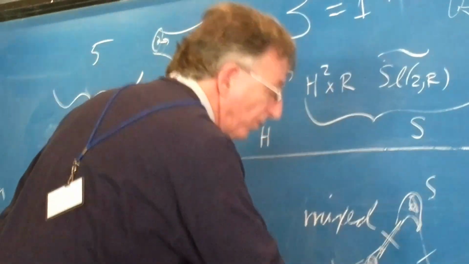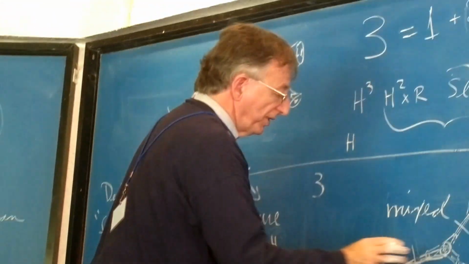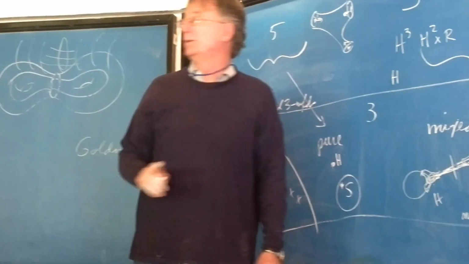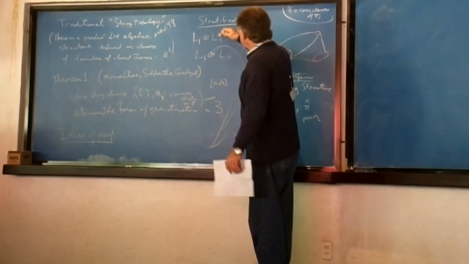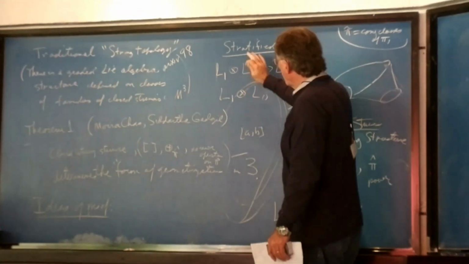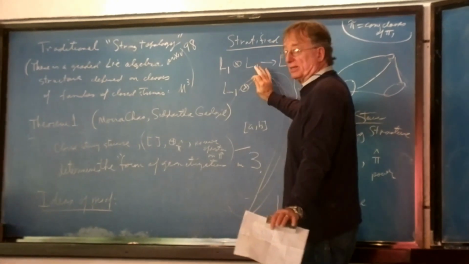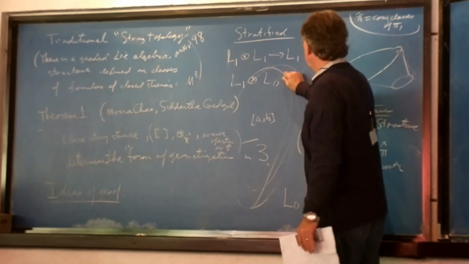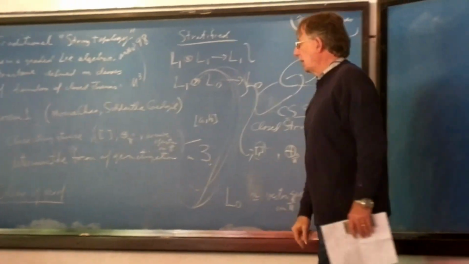Okay, so you get a non-trivial Lie algebra here, a non-trivial one here, no Lie algebra here, in H1. So let's break this up into a Lie algebra and a Lie module. So in my language, taken together it's one greatest Lie algebra. This is a Lie algebra, this is a Lie module.